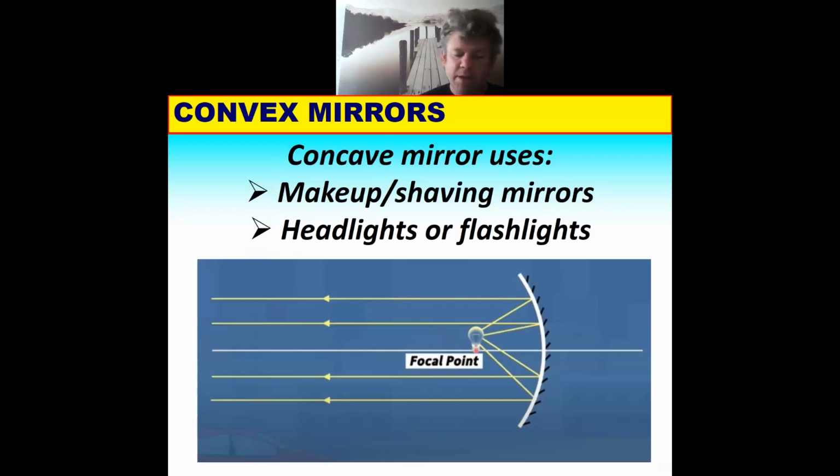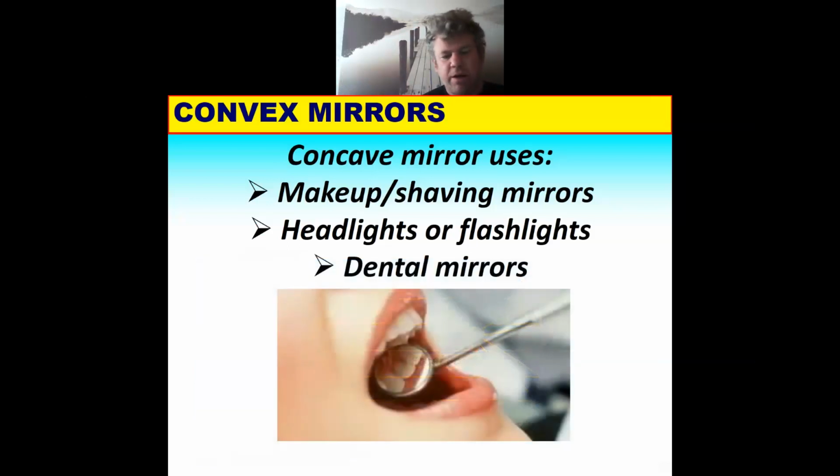But headlights work the same way. And then dental mirrors. If you go to the dentist sometime soon, they'll put that little mirror inside, and that's basically a concave mirror for us. It allows them to see a bigger version of what's going on inside your mouth, so to speak. Okay, so those are our concave mirrors.